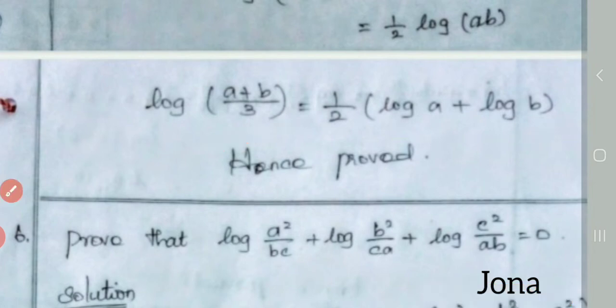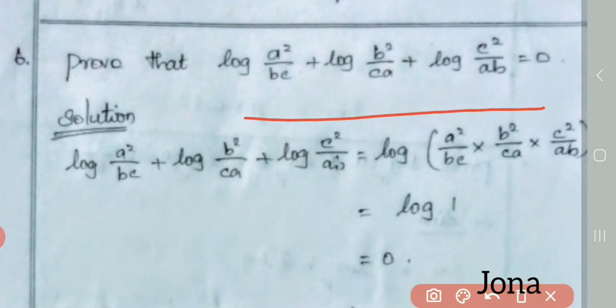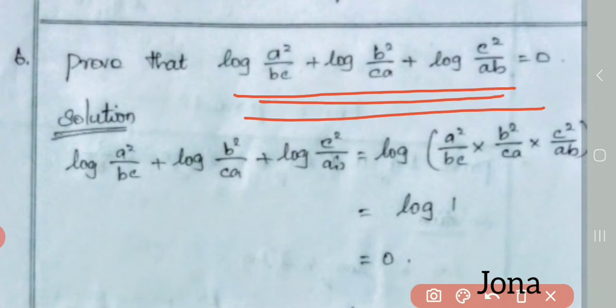Okay. The next problem, prove that log a square by bc plus log b square by ca plus log c square by ab equal to 0. Here the left hand side is in the form of addition.